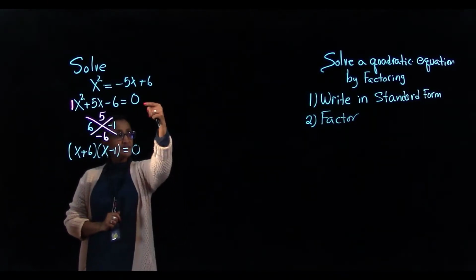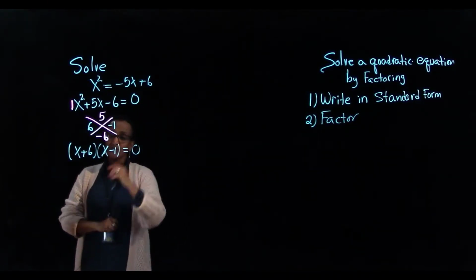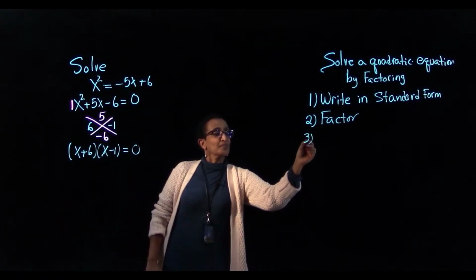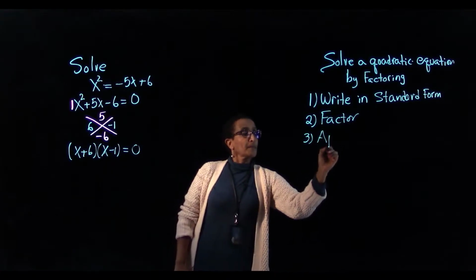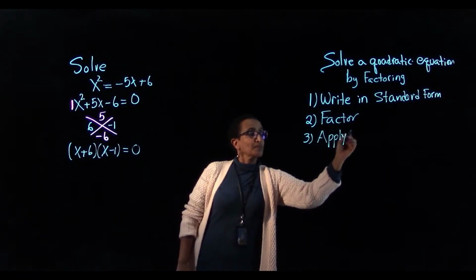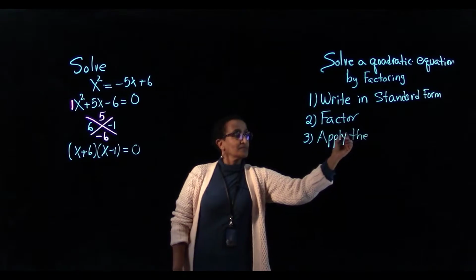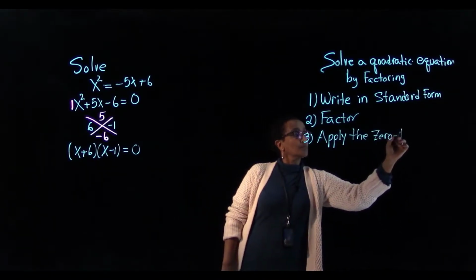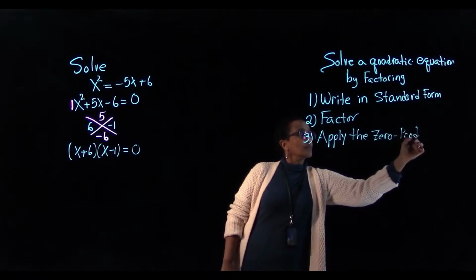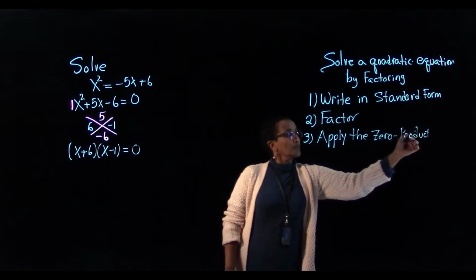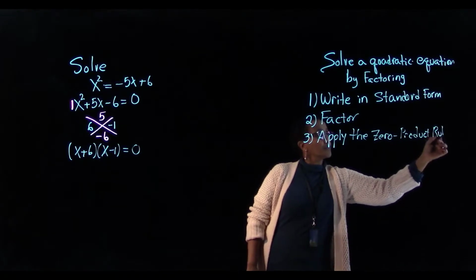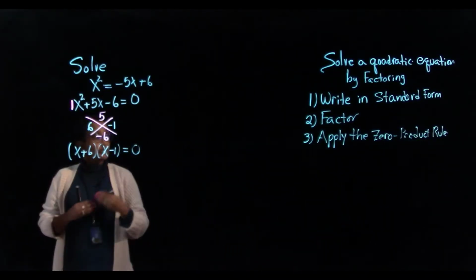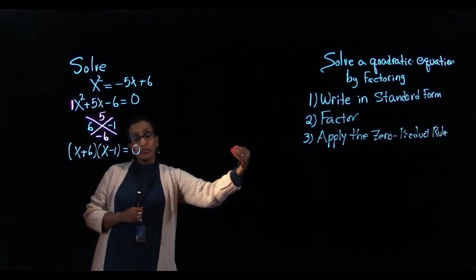So step 1 was standard form. Step 2, we factored it. Step 3 is, once we've factored it, we need to apply the zero product rule.